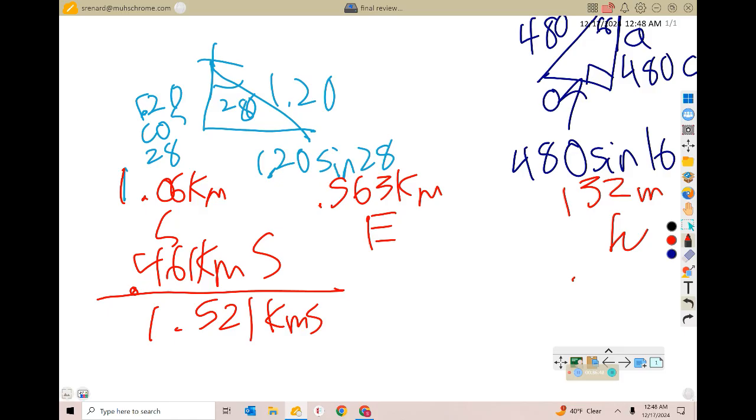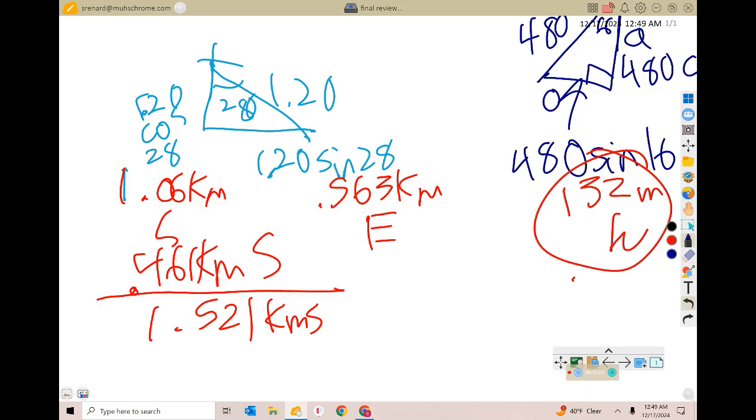Now notice on the other one, on part two, all on the same day, Emerald went 0.563 kilometers to the east. Now notice over here, on the first part of her trip, she went 132 meters to the west. East and west are in opposite directions.